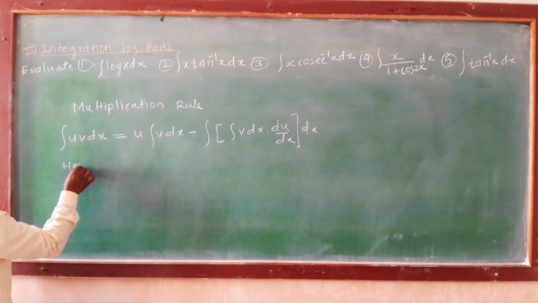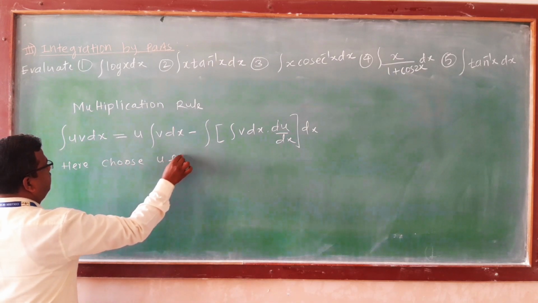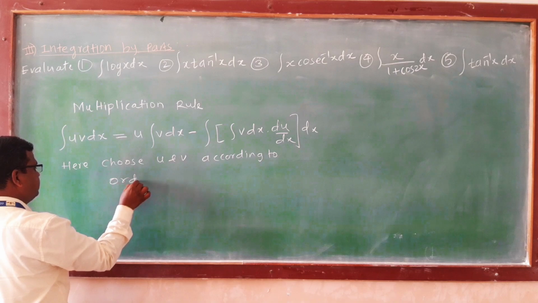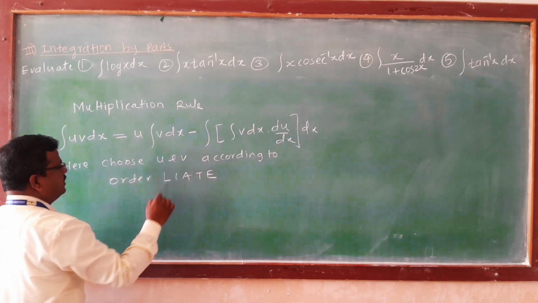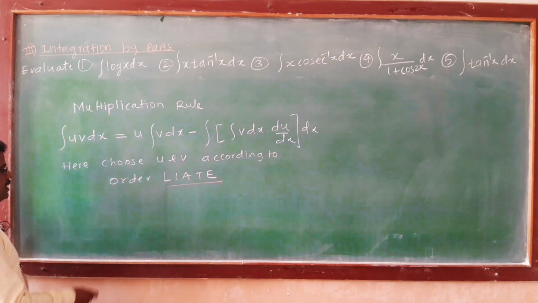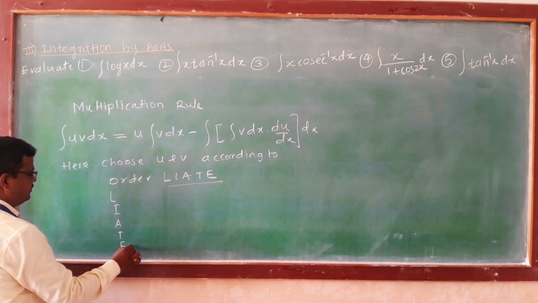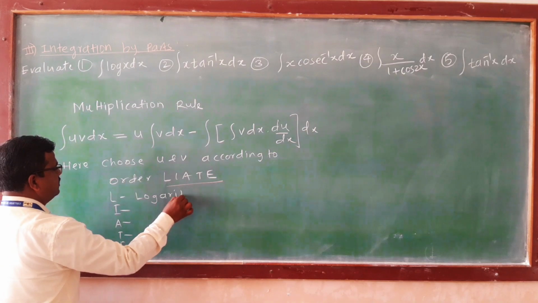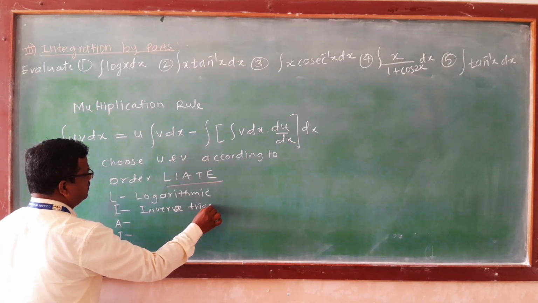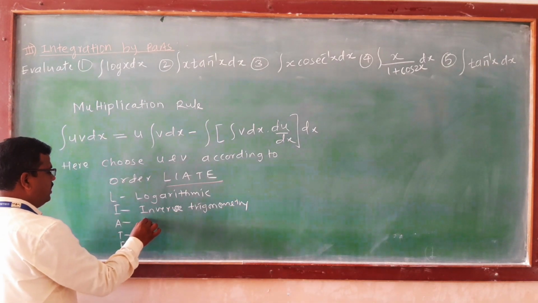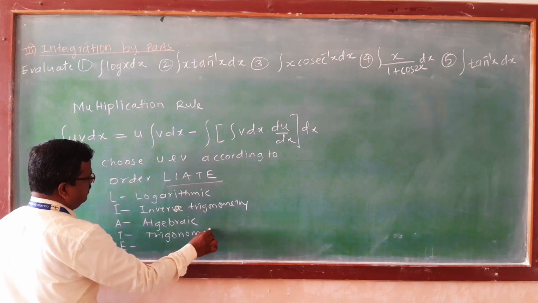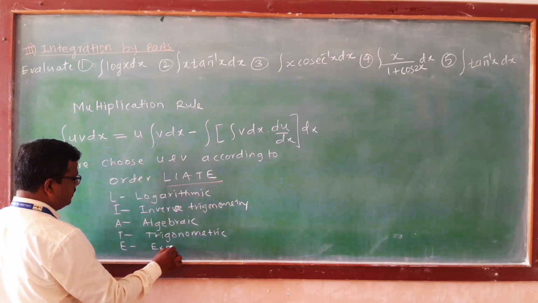Now here we have to choose u and v according to the order L I A T E. Where this L I A T E means L for logarithmic function, I for inverse trigonometry, A for algebraic, T for trigonometric, and E for exponential function.